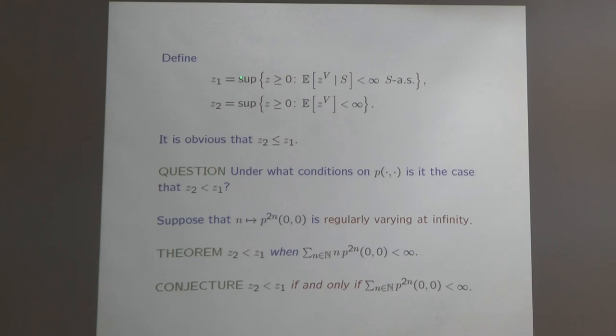And you can think of this as what we call in physics the quenched version of the problem, where one walk is fixed and the other is free, and this is the annealed version of the two walks where they are both running. And if there is really a gap, then that means that it is for the second walk much harder to intersect with a frozen walk than with a non-frozen walk.